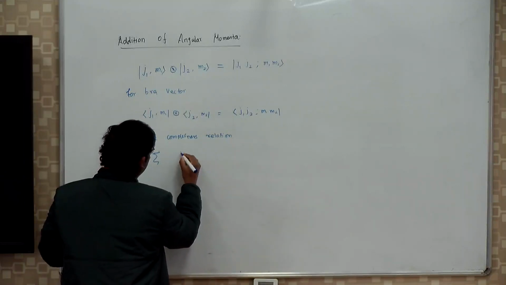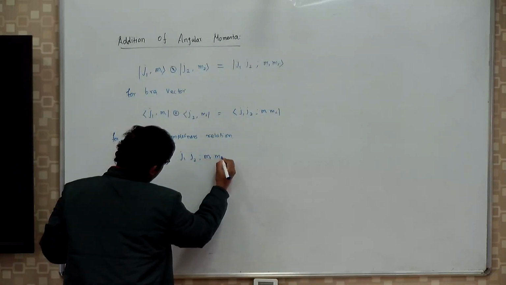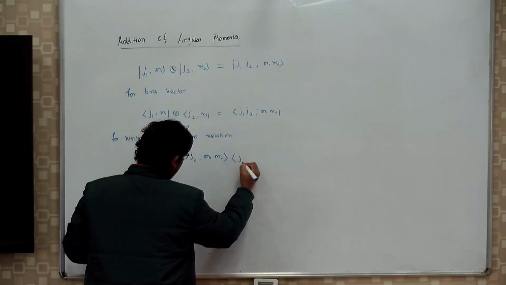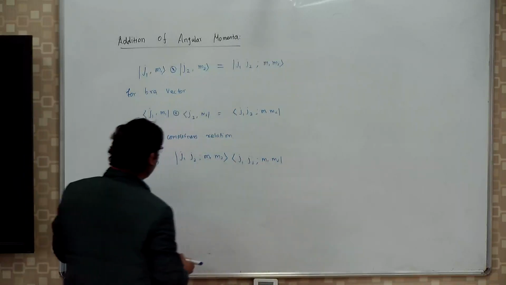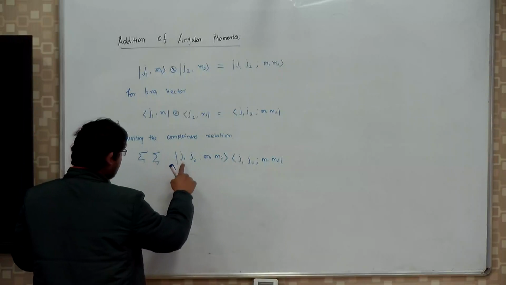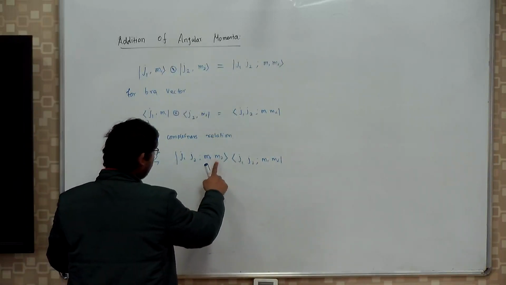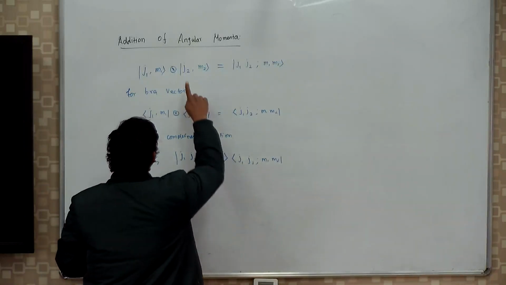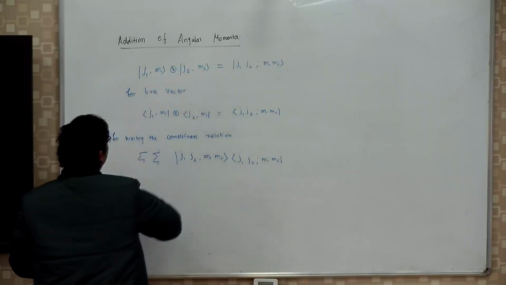So for writing |J1 J2 M1 M2⟩⟨J1 J2 M1 M2|, we sum over the values of J1 and J2, which are defined, while M1 and M2 will vary. So you can also write this as MJ1, MJ2.